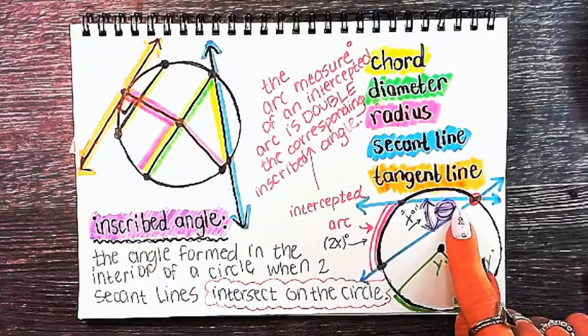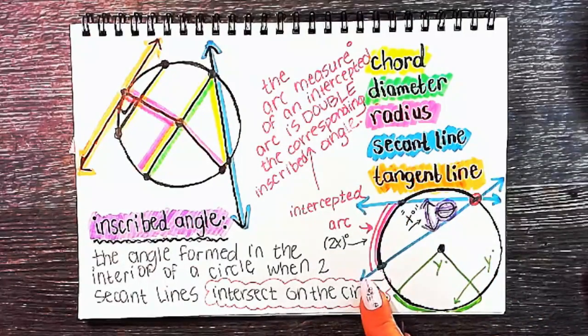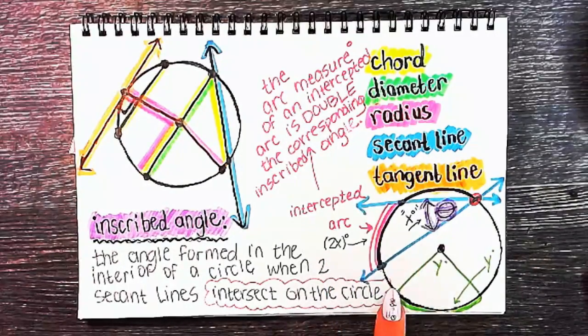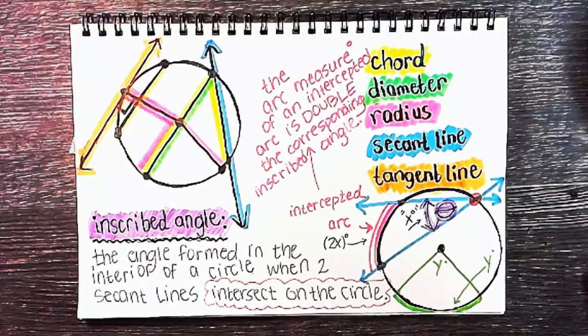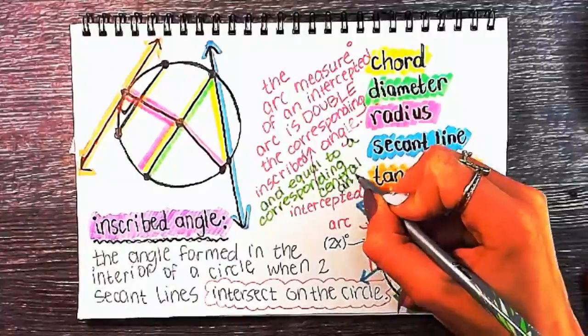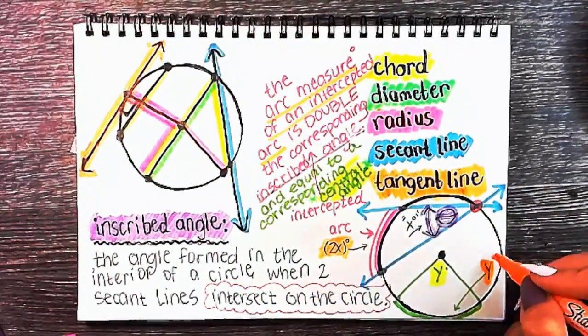If an inscribed angle is x degrees, the corresponding intercepted arc is a measure of 2 times x degrees, and if a central angle has a measure of y degrees, the corresponding intercepted arc has a measure of y degrees as well. So the arc measure of an intercepted arc is double the corresponding inscribed angle and equal to the corresponding central angle. So let's just dive into some examples and we will talk about them a little bit more as we do them.